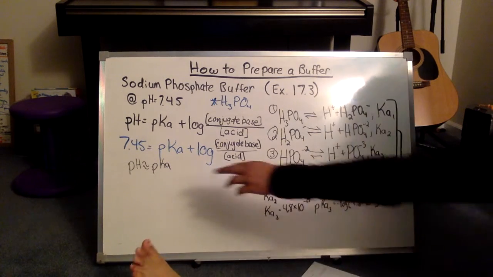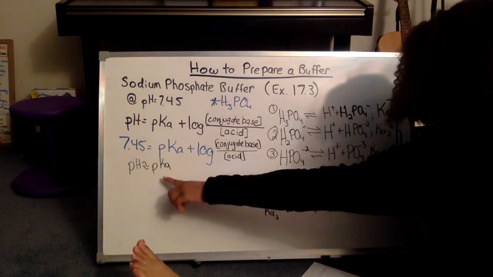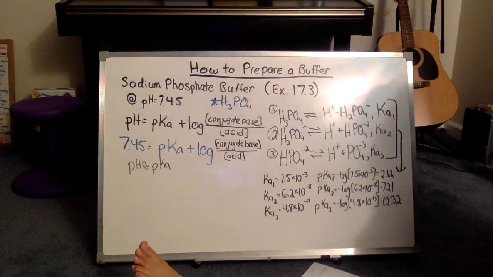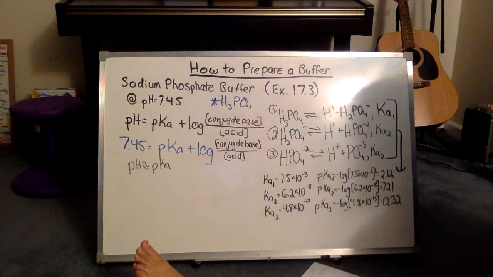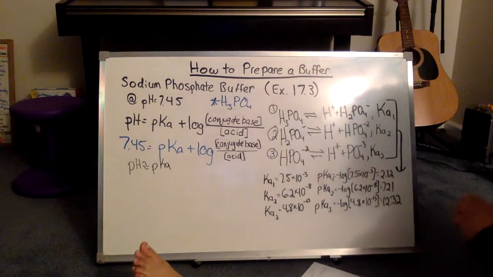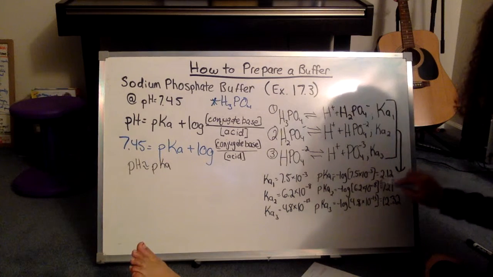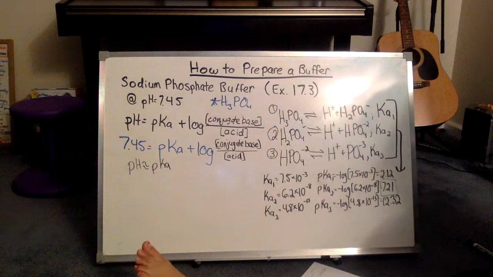Now, remembering that pH is close to pKa, we want to pick a reaction that will give us a pKa very close to 7.45, and that is going to be this value, 7.21.